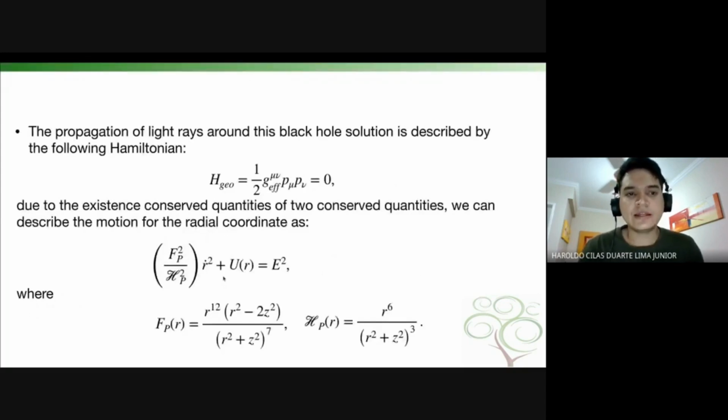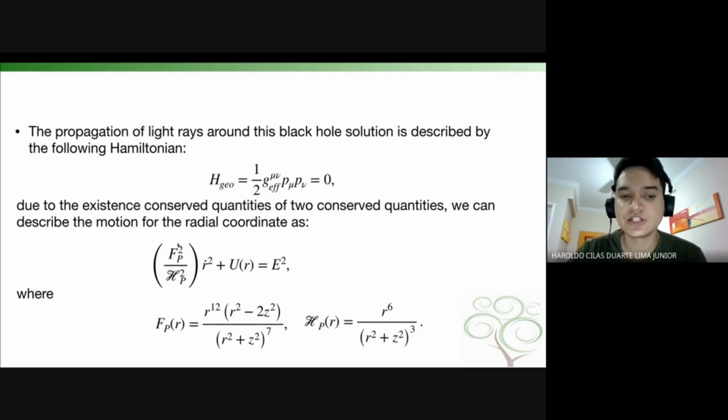Well, now we can study the propagation of light rays around this Dymnikova black hole solution. We adopt here the Hamiltonian approach by defining this Hamiltonian here, which is related to the effective metric, not to the background metric. And due to the existence of two conserved quantities, which are the energy and angular momentum of the electromagnetic wave, we can describe the motion of light rays in this geometry by this radial equation here.